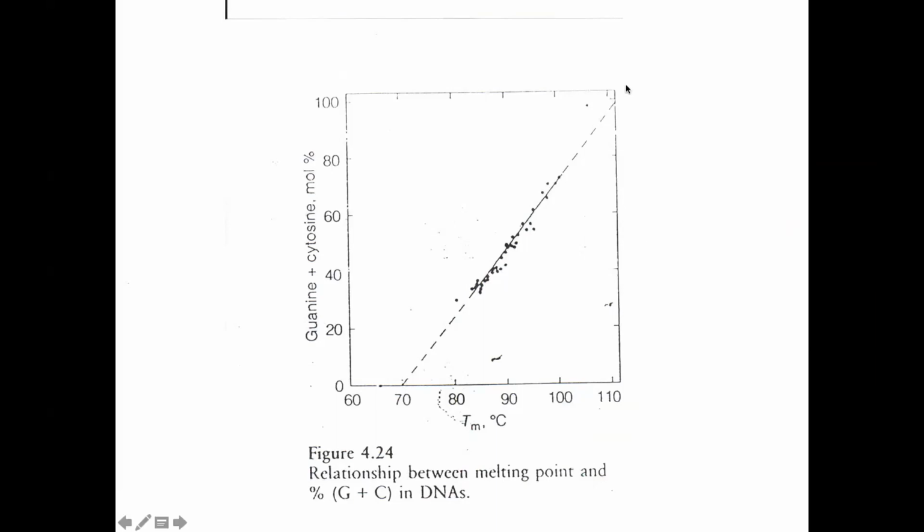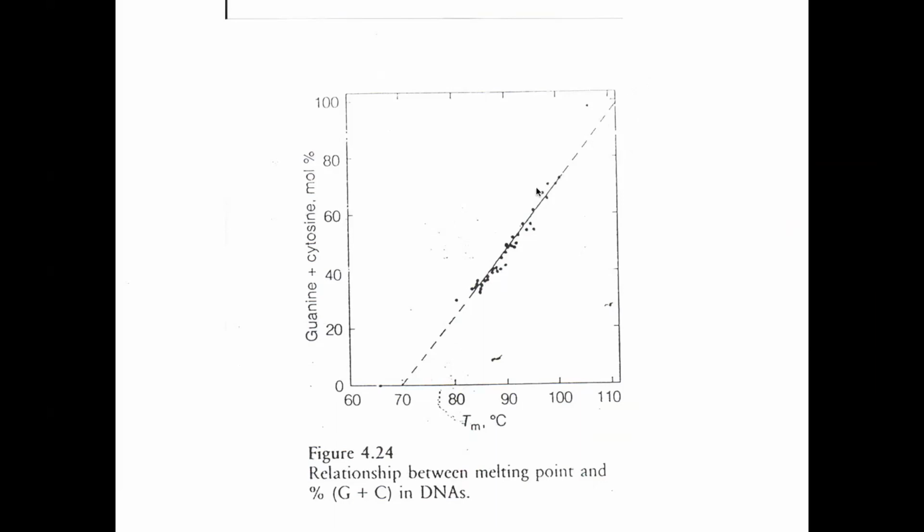So about 113, 114. And then you have everything in between. So here, at the bottom of this line, you have predominantly AT base pairs and a little GC, but at the top, you have a high percentage of GC base pairs and a low percentage of AT.